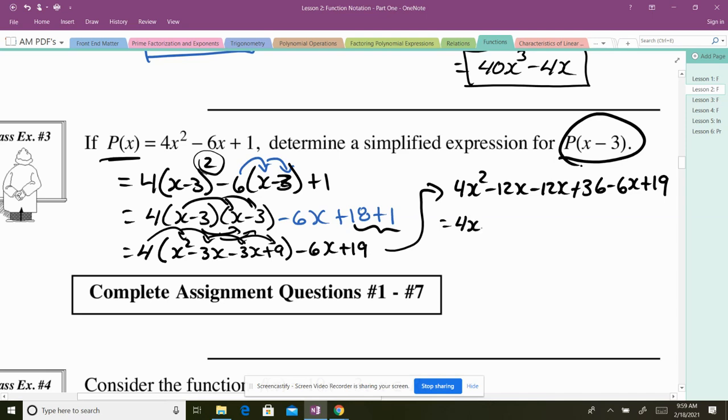So 4x squared, -12x and -12x, -24x, minus 6x. 36 plus 19, 55.